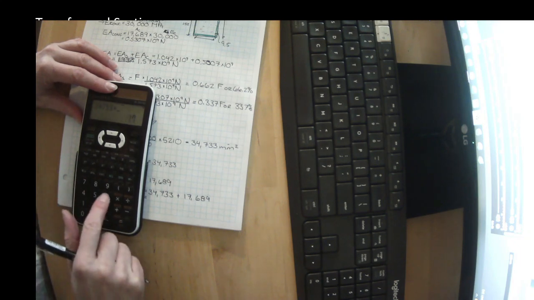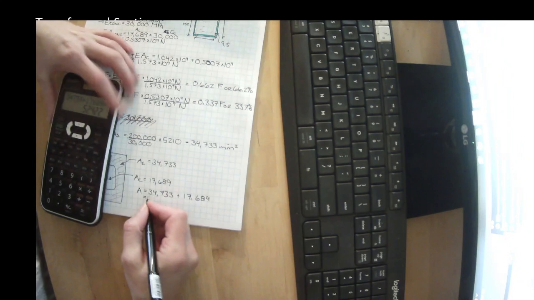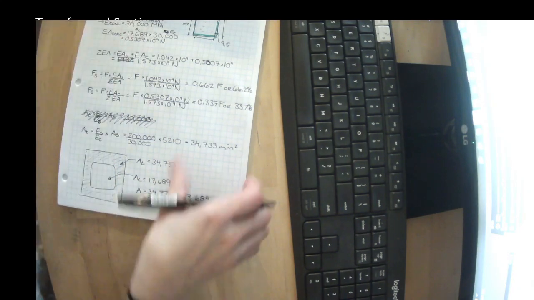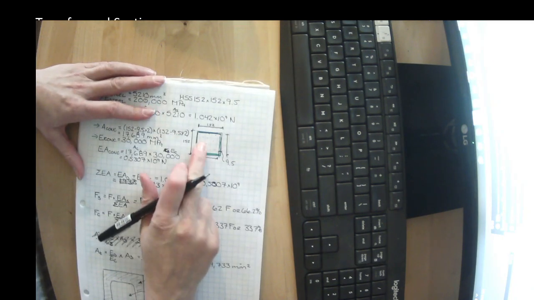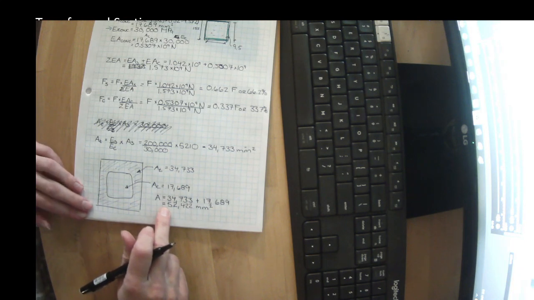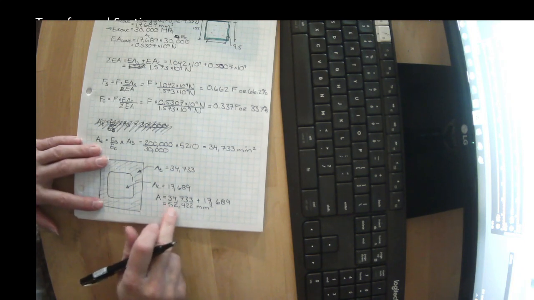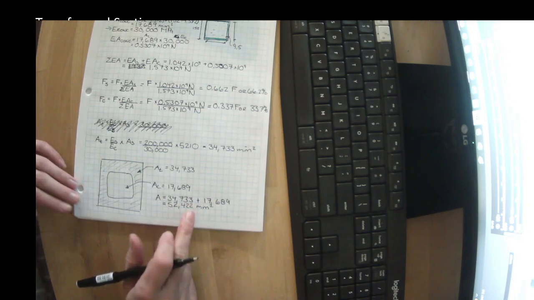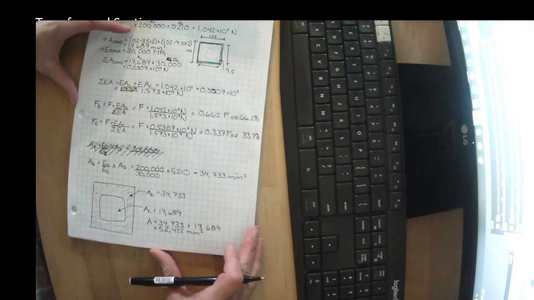Let's plug that in. 34,733 plus 17,689, so 52,422 millimeters squared. So this concrete with an HSS wrapped around it is the equivalent to a concrete column that has 52,422 millimeters squared of area. It lets us talk about it in a slightly easier manner.